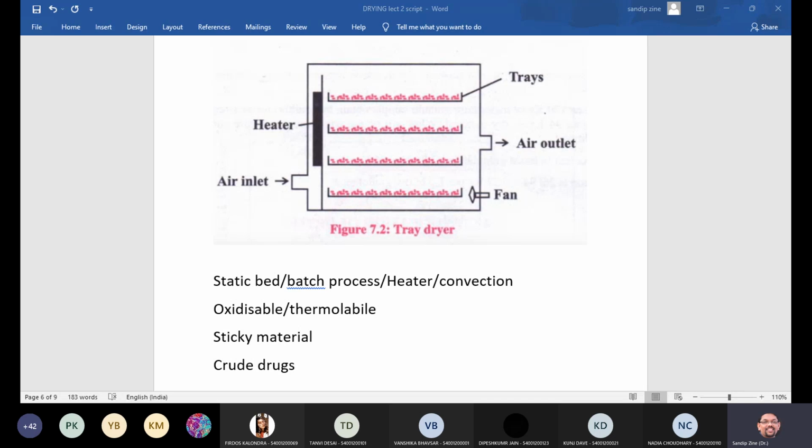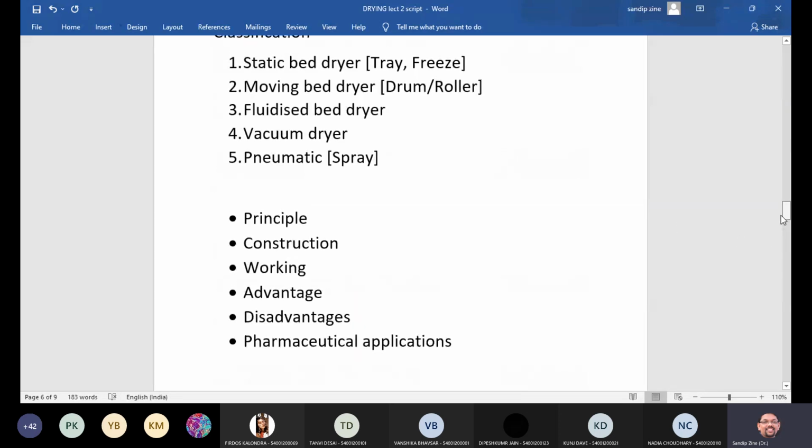Now in the laboratory, we are using various glassware, like pipette, beaker, funnel, isn't it? And if you have to dry them after washing, immediately for a further experiment, such kinds of equipment we can easily dry in these tray dryers. So these are some points we can always write about the tray dryer.